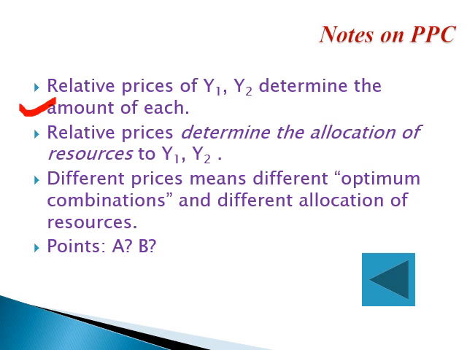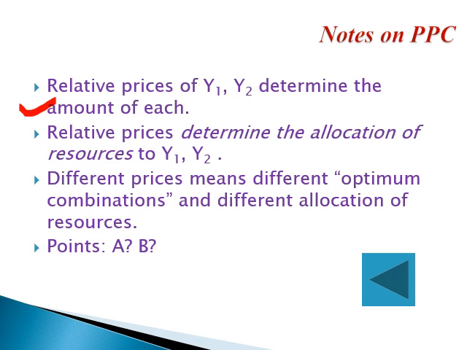Because you will see that we will now introduce something called the iso-revenue line. The iso-revenue line is exactly like the budget line in the consumption theory and exactly like the iso-cost line in the previous case that we discussed, when we used two variable inputs to produce one output only. Exactly the same.